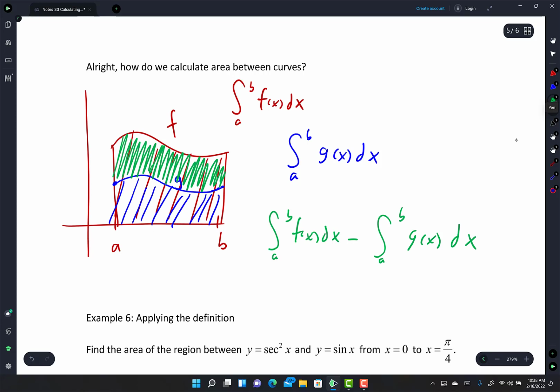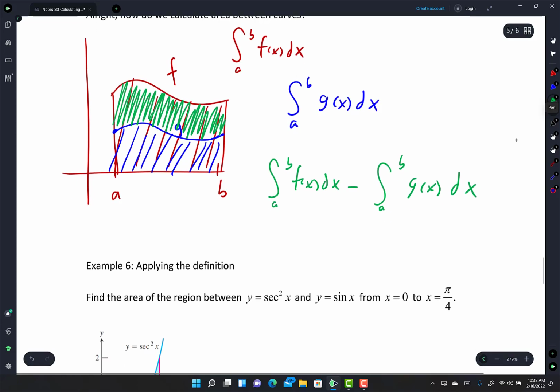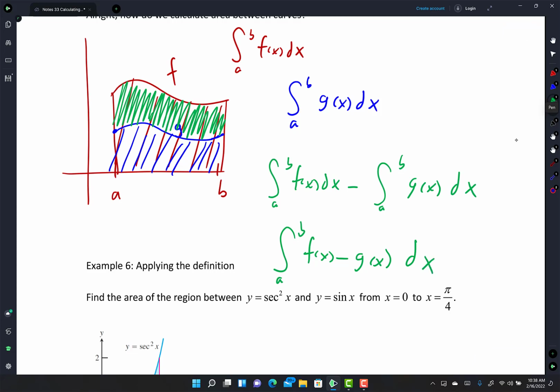If you choose, you can do that. Is there an easier way than doing two separate integrals? Can I do one integral? Are my limits the same? So can I just say the integral from a to b of f of x minus g of x? Can I do that? Yes.